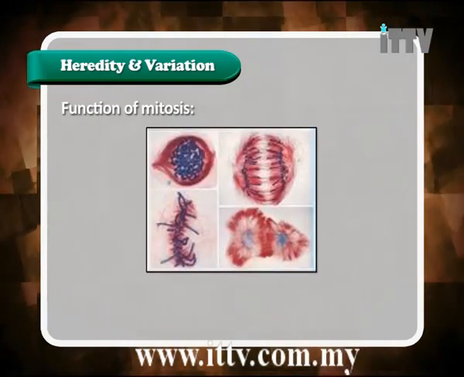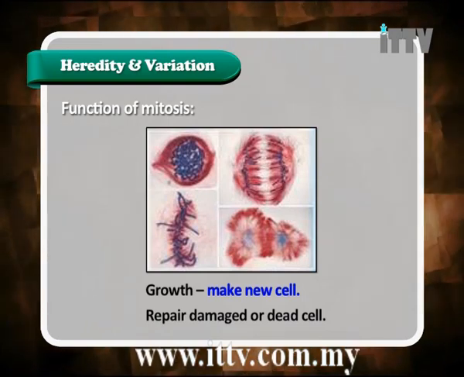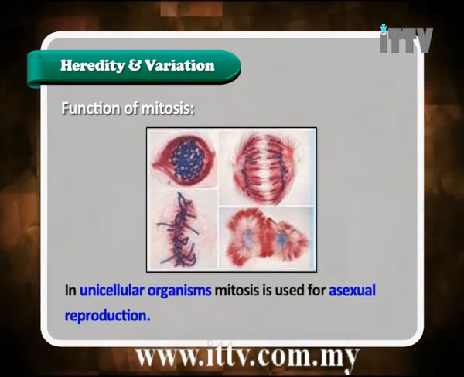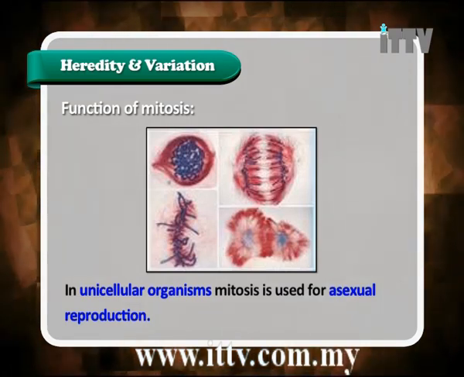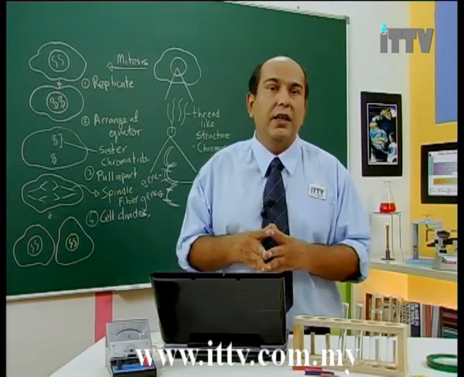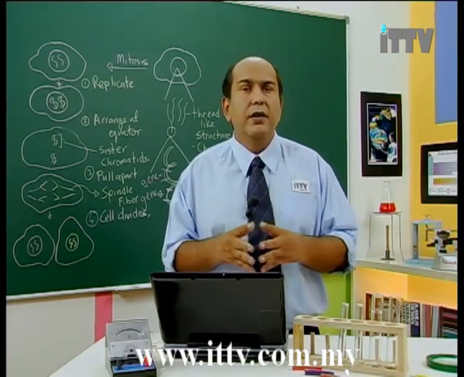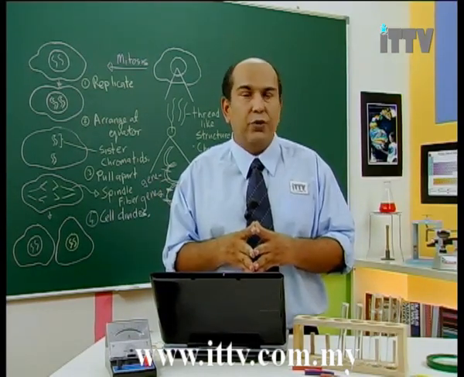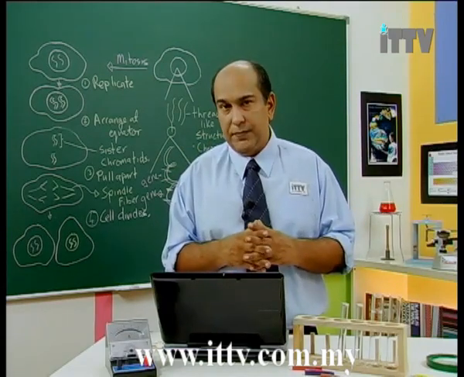Function of mitosis: growth, make new cells, repair damaged or dead cells. In unicellular organisms, mitosis is used for asexual reproduction. So the function really of mitosis is growth, repair, or to make new offspring in asexual reproduction, which is mainly for unicellular organisms.